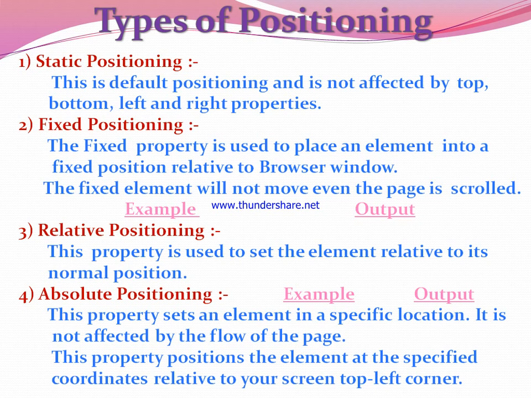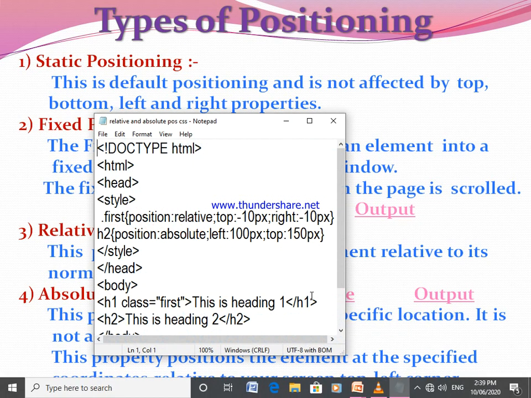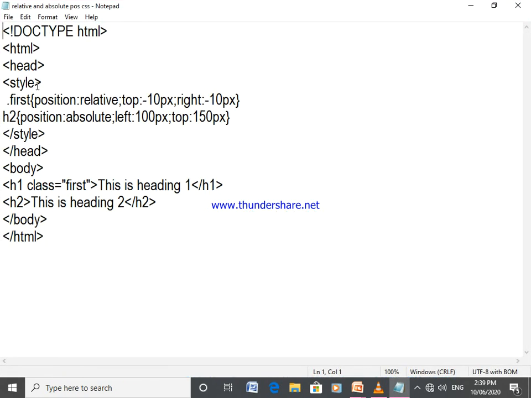So let me explain these 2 concepts, relative and absolute, with the help of one example. See the example. Now you have to write down these examples in the notebook. This is the indication of HTML5, the HTML tag, head, then style. Now here a dot, that means a period sign, then first, so this is the class name followed by a period sign.